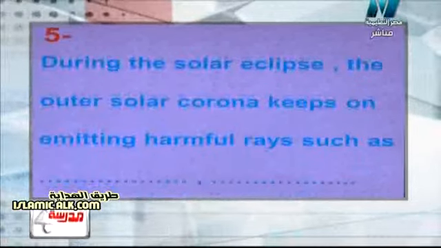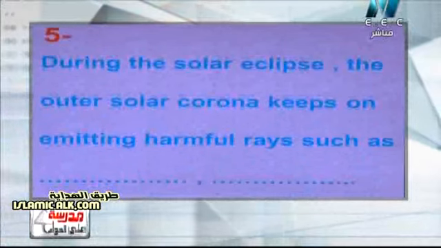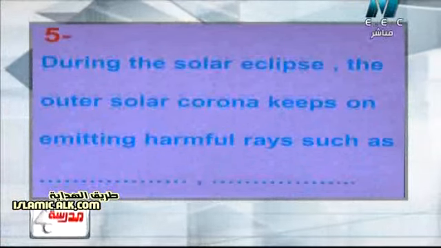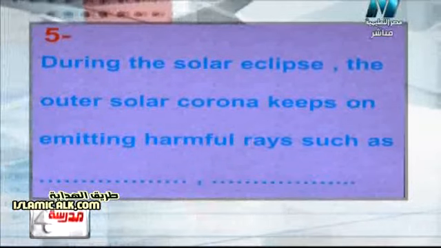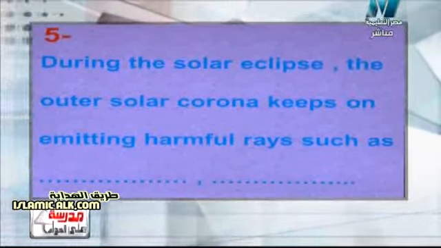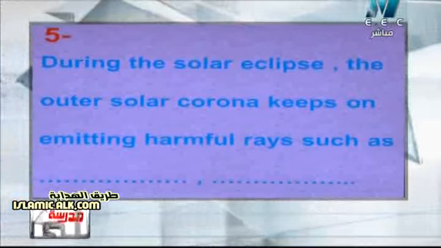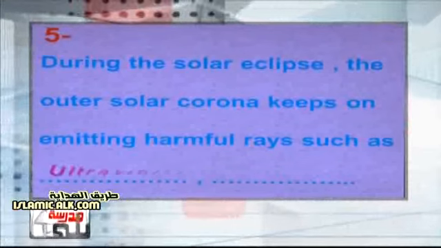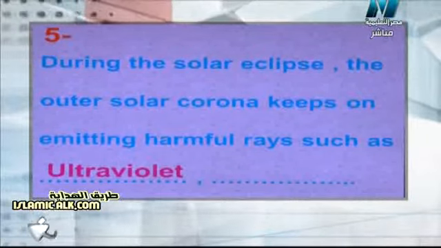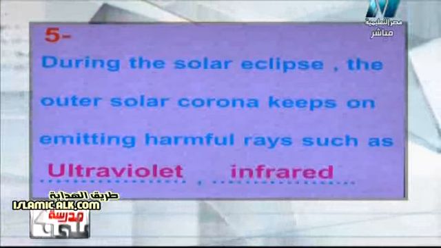During the solar eclipse, the outer solar corona keeps on emitting harmful rays such as what and what. So we know that there are harmful rays that come out from the sun during the solar eclipse, which are ultraviolet radiation and also infrared radiation.